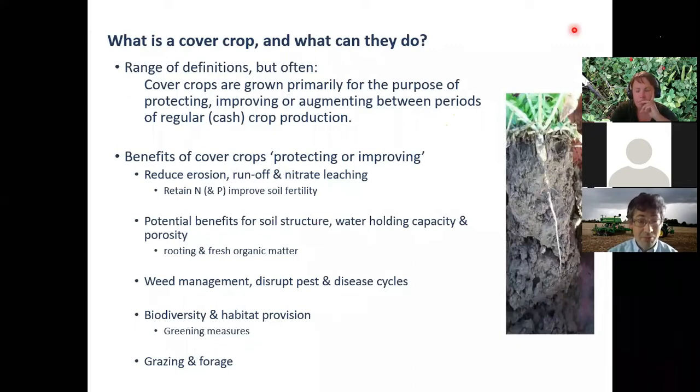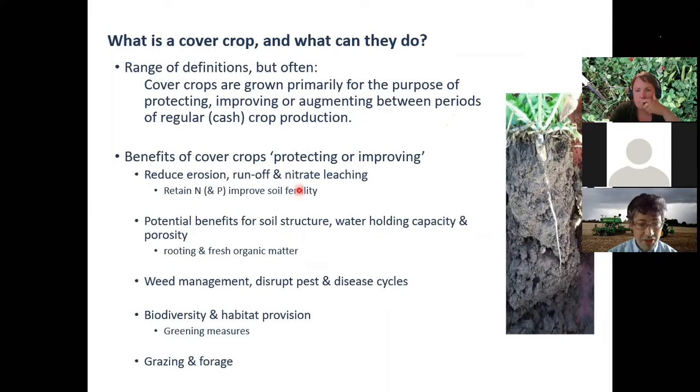There are very well-known, well-quantified measures in terms of reducing erosion, reducing nitrate leaching, and retaining nutrients within the soil. Certainly soil structural benefits, with roots opening up the soil structure and porosity and aiding water holding capacity, have been well proven.